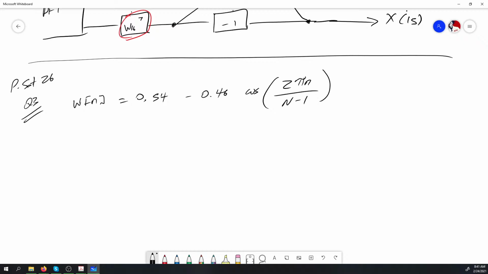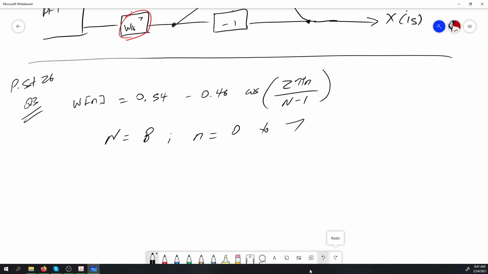And in our case, we know that from problem set 2A question 7, there were 8 points we were dealing with. So N here is equal to 8, and then the lowercase n here will be 0 to capital N minus 1. So that's going to be 0 to 7.